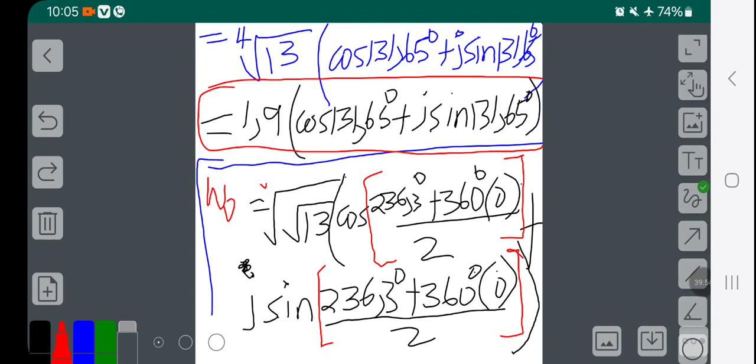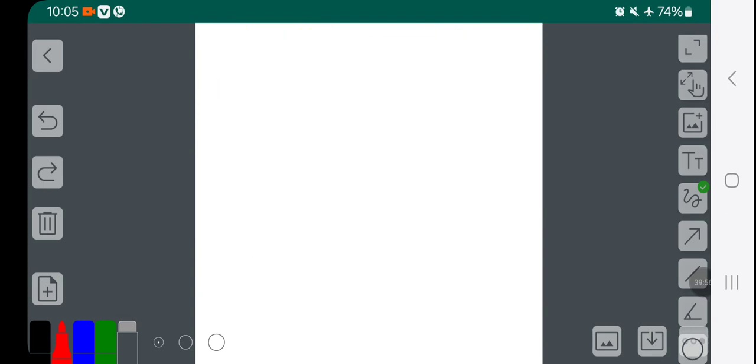Let's just do it since our time is moving. I'll rewrite the formula again because there's no way around it, we just need to use our formula here.